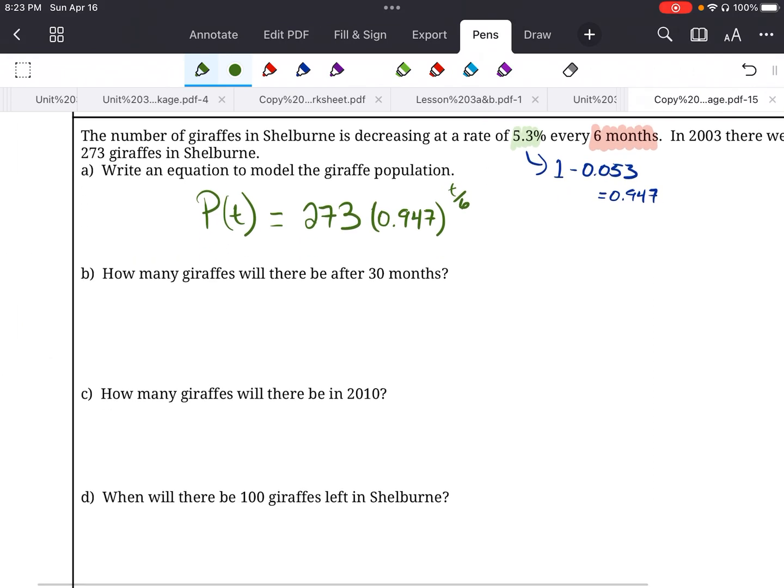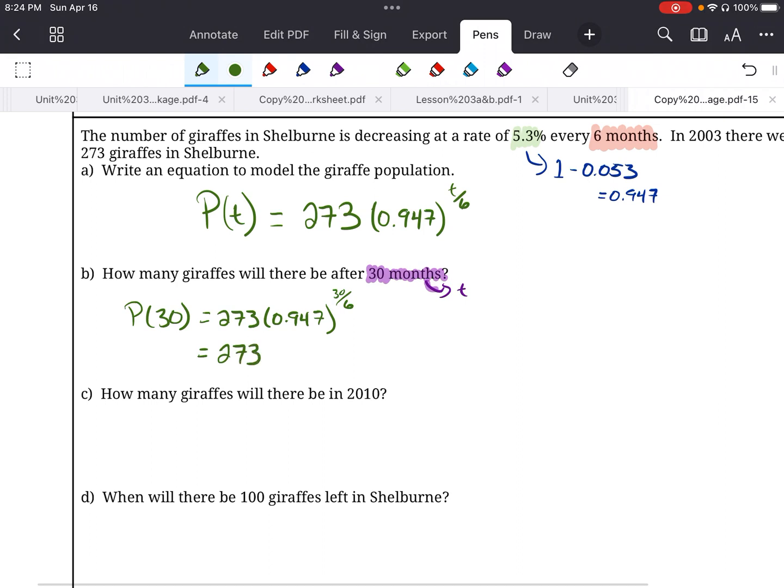B is how many giraffes will there be after 30 months. Okay, so this is going to represent our T. Okay, so we can plug it in. Our T is 30, 273, 0.947 to the power 30 over 6, which is just 5, but I'm going to skip that step.